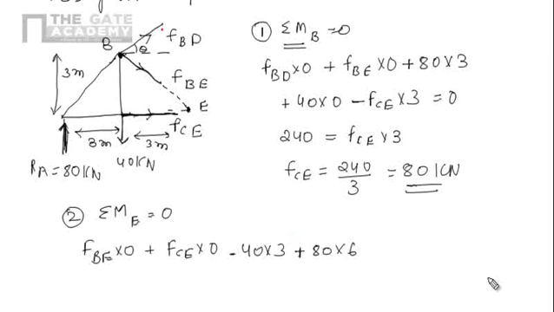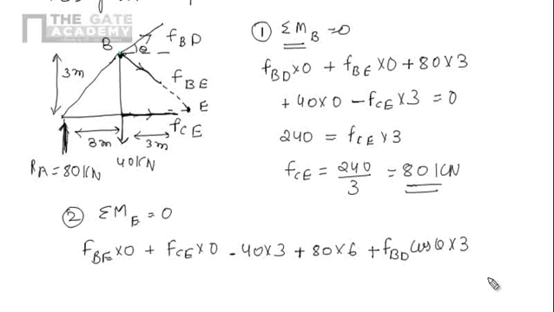And if we see, FBD has two components, FBD cos theta in that direction and FBD sin theta in that direction. The moment due to FBD cos theta will be FBD cos theta into the perpendicular distance, which is 3, and it is in clockwise direction, so it will be positive.